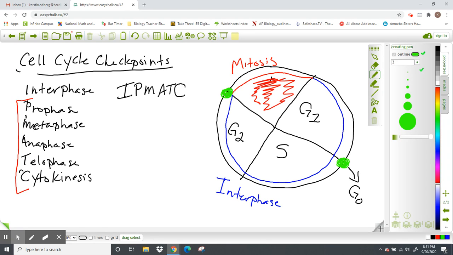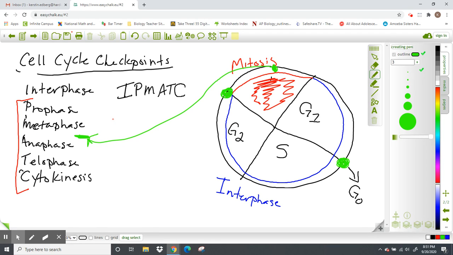The last checkpoint is going to be between metaphase and anaphase. I'm going to put this over here because I didn't really write in this pie piece where that checkpoint was, but if I were to put your pie slices in here, it'd be right here. So it's between metaphase and anaphase.